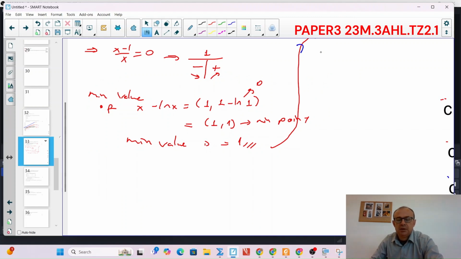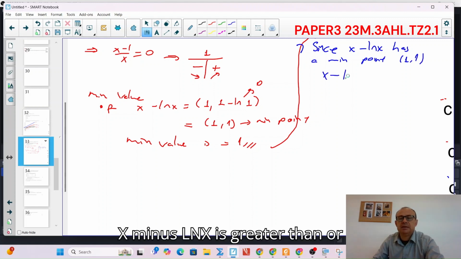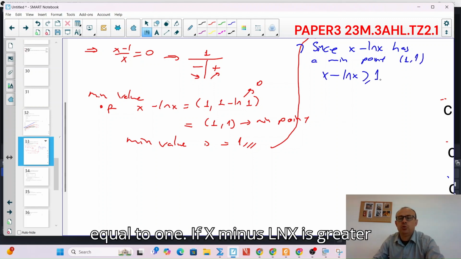Since x minus ln x has a minimum point (1, 1), meaning x minus ln x is greater than or equal to 1.